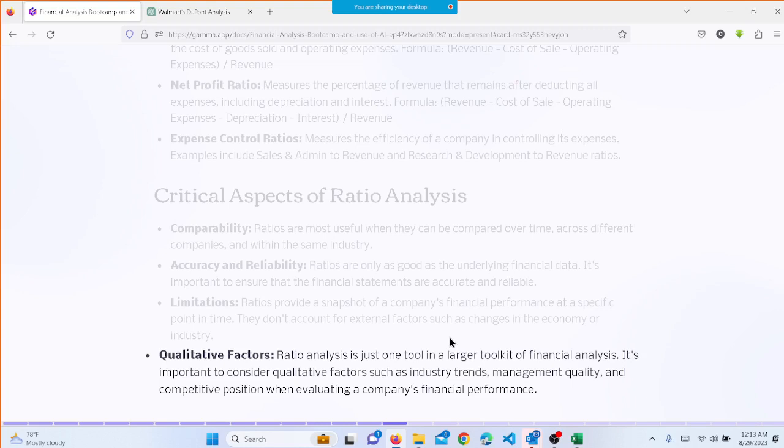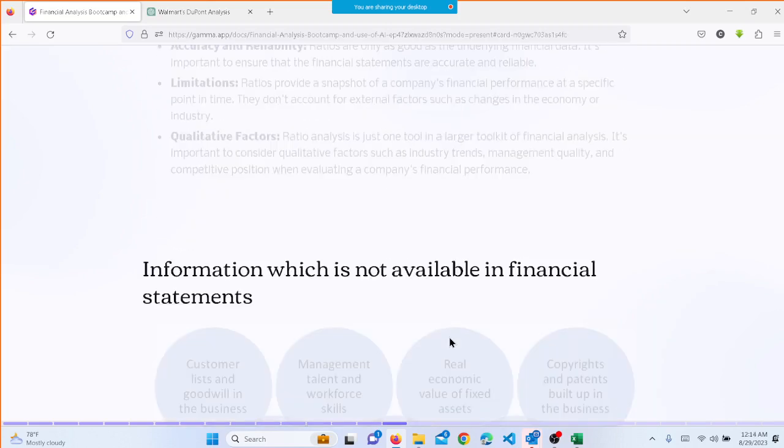Whatever has been the reason, we have to look at those qualitative aspects as well before making judgments or decisions only based on the financial ratio numbers.